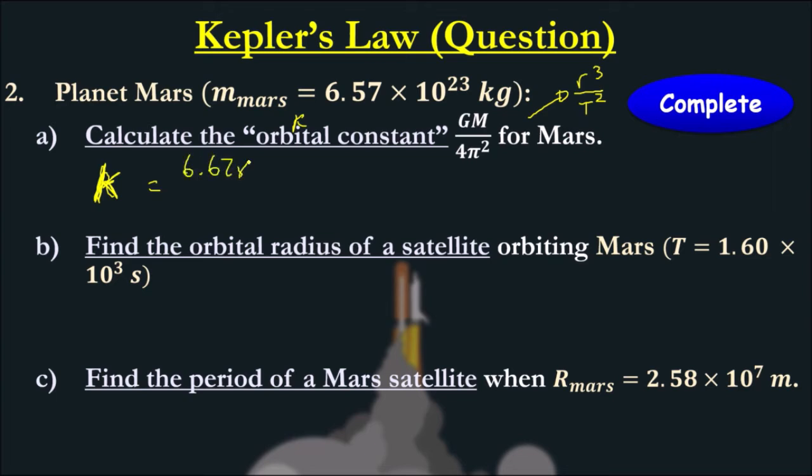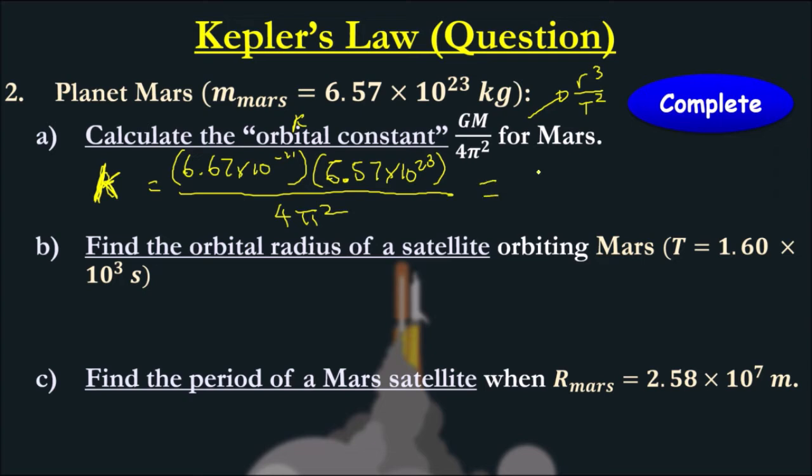We have the gravitational constant, the mass of Mars, and then we have 4 pi squared. This gives us an answer of approximately 1.11 times 10 to the power of 12.